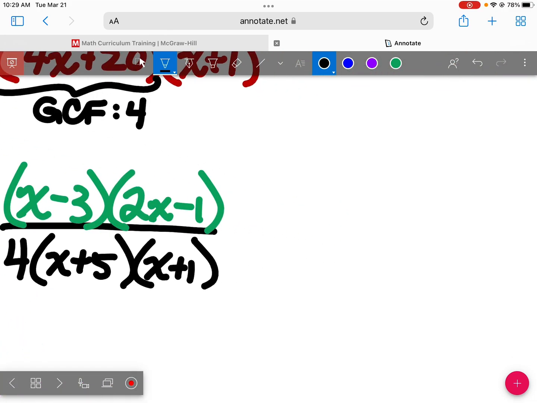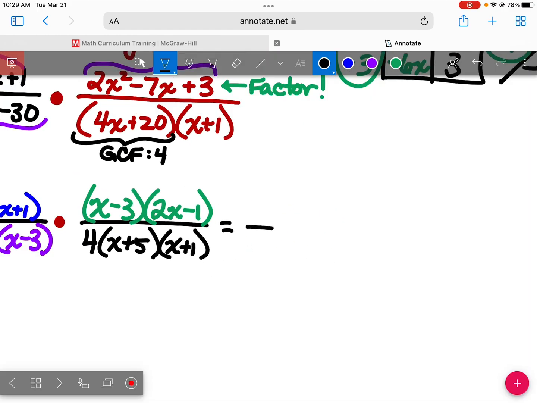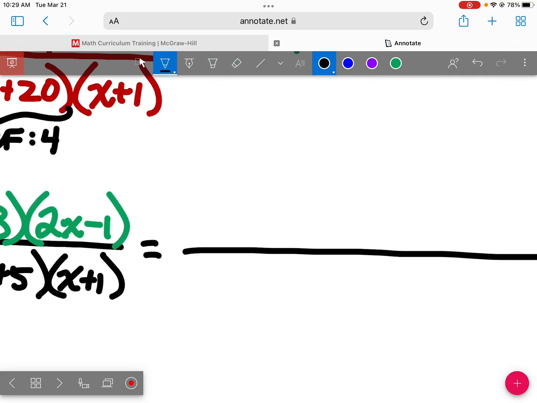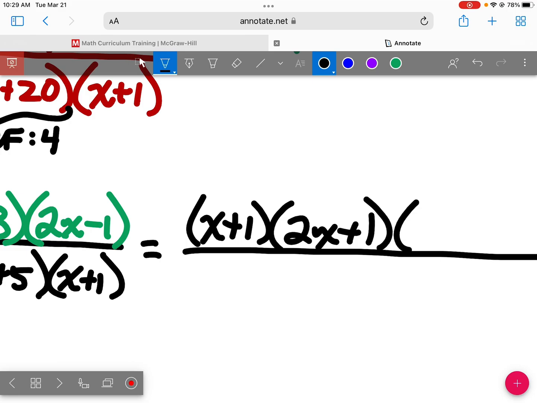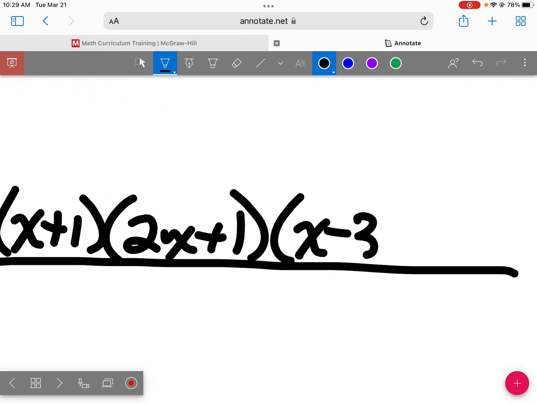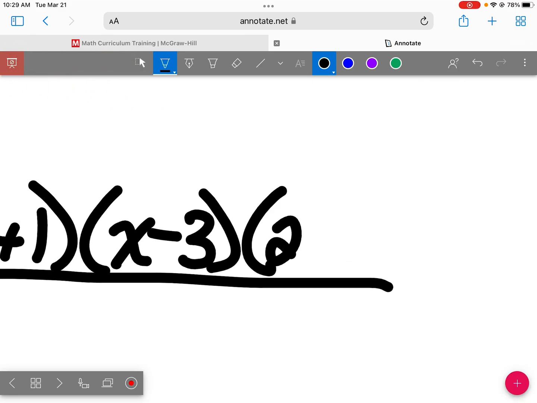All right, when I multiply fractions together, it's straight across. So everything in both of these numerators is getting multiplied together. X plus 1, 2x plus 1, x minus 3, and 2x minus 1, all up in the numerator.